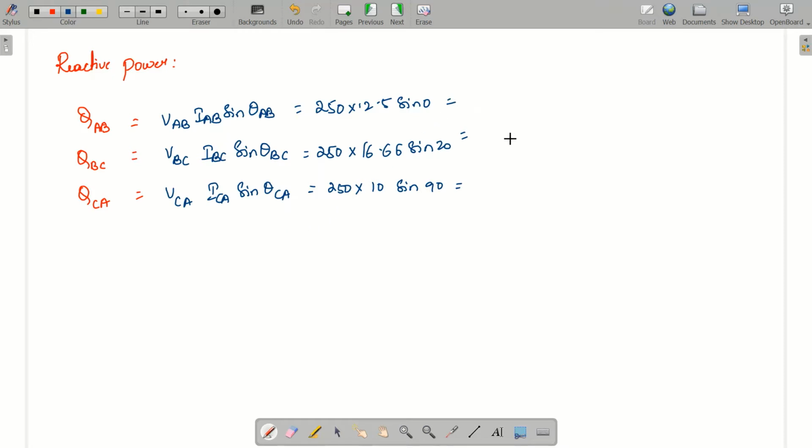Calculating, sin 0 gives 0, then 1.43 kVAR, then 7.68 kVAR. So the total reactive power Q is the sum of these three values.